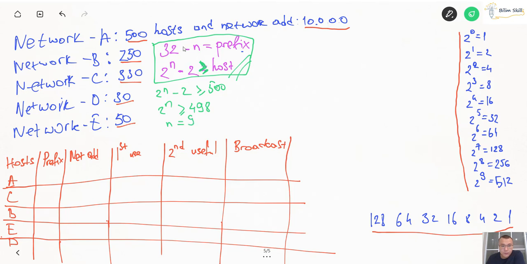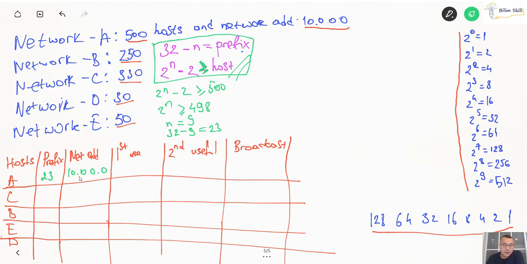To find the prefix we have to make 32 minus 9, which is equal to 23. So the prefix of network A will be 23. The network address is 10.0.0.0, because it's already given in the task.